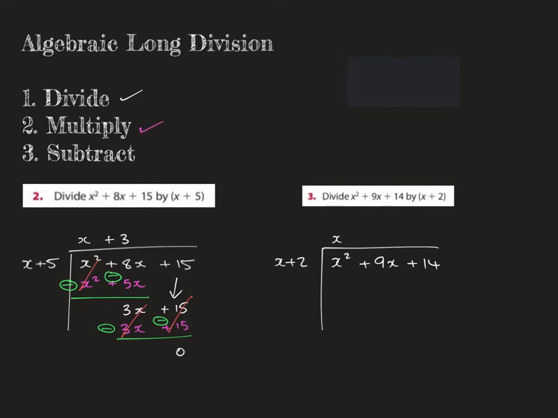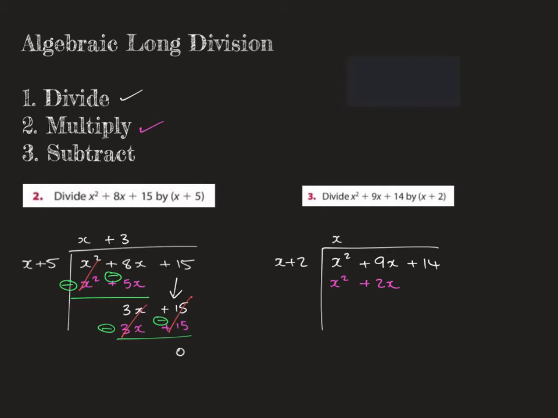So x times x is going to give us x squared, and plus 2 times x will give us plus 2x. So that's our multiplication done.